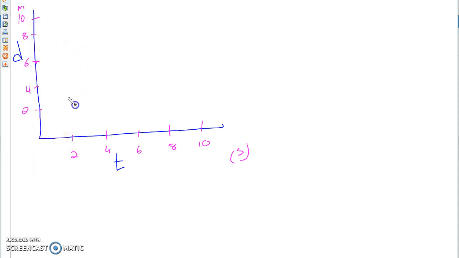Okay, so imagine this is what my graph is, and let's say it's perfectly accurate. I don't have a math program that can make straight lines. Great, that's my straight line. So this is what my graph is looking like. If I want to find my velocity, what would I do?